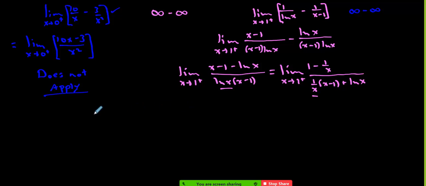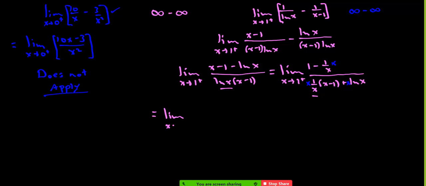Now I've got this extra x here, so I want to clear that out. Let me just multiply the top and the bottom by x. So here's what I've got now.